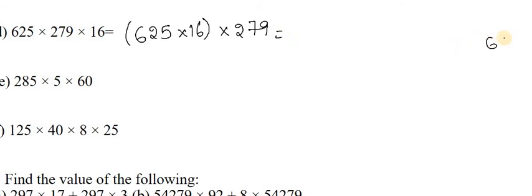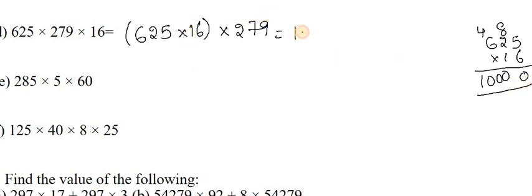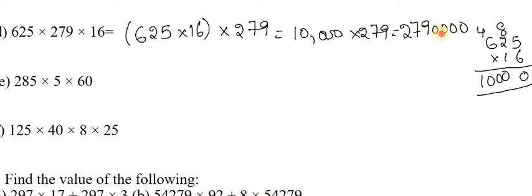So we will see how much 625 into 16 is. 16 5s are 80, 16 2s are 32 plus 8 is 40, 16 6s are 96 plus 400. So the answer is 10,000 multiplied by 279. So the answer is 27,90,000.